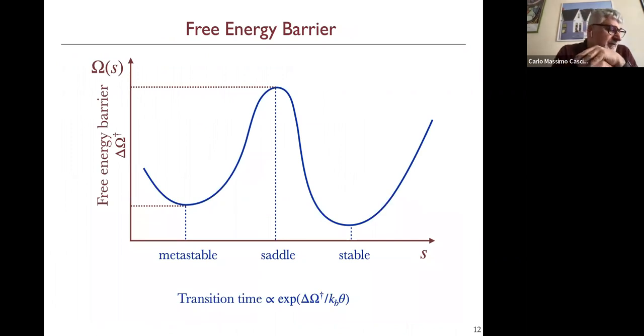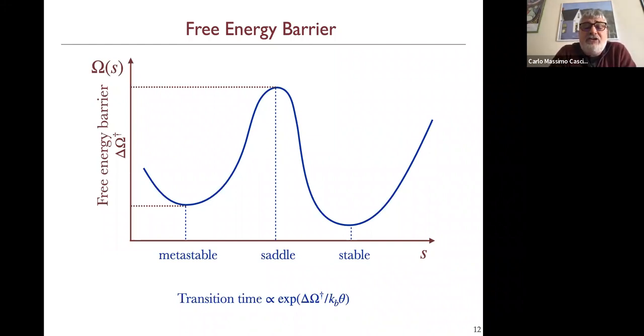Okay, once you have found the minimum free energy path, you're going to have a free energy profile along the path. So what I'm plotting here is a sketch showing the free energy along the progress variable S along the transition. And in our case, what you find is that we have two locally stable states, the metastable state corresponding to the liquid and the stable state corresponding to the vapor. And then they are separated by a saddle point, which is the local maximum that you see there, which is in fact a saddle point being a maximum along the path, but being a minimum in the orthogonal directions.